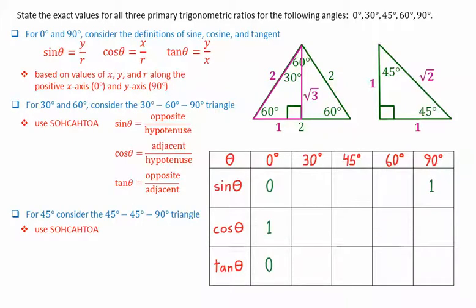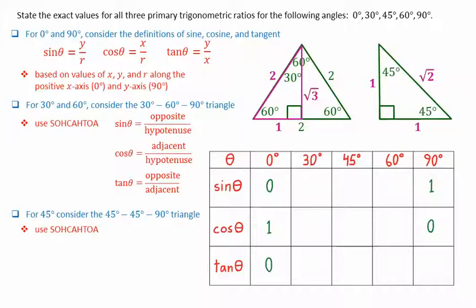For 90 degrees, sine of 90 degrees, once again we look at the y value. Here the r value is exactly equal to the y value, giving us sine of 90 degrees equals r over r, which is 1. For cosine, we look at the x value along the y-axis.